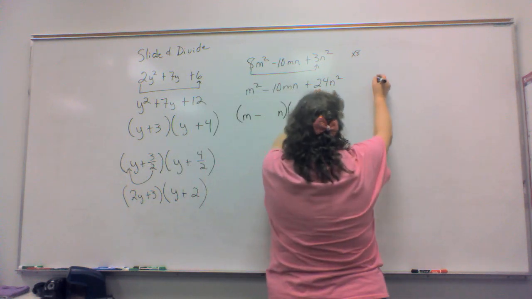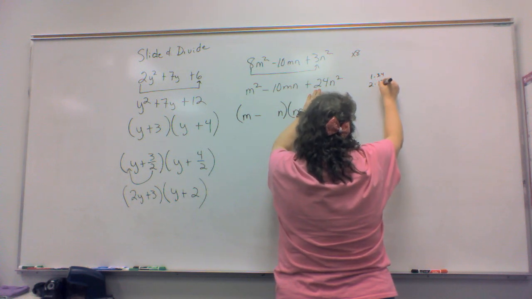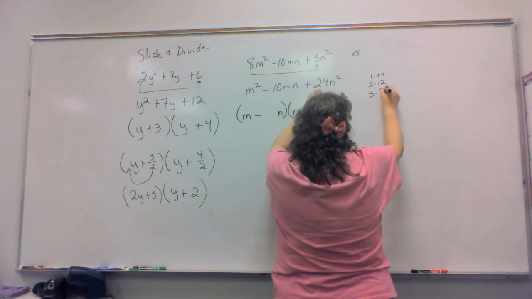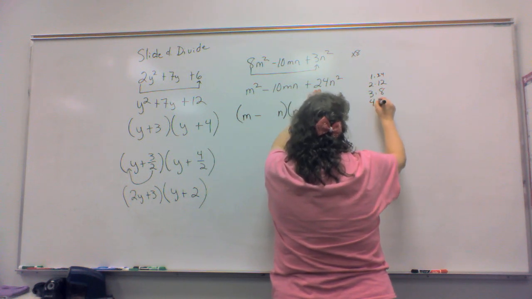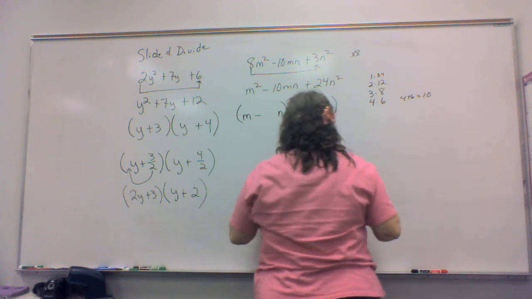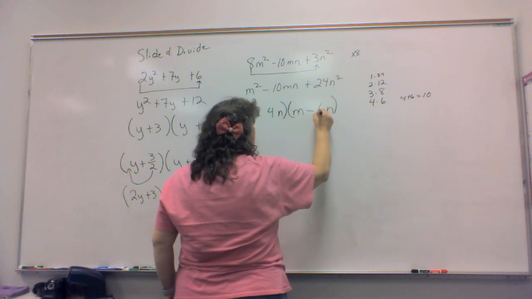Well, you've got 1 times 24, 2 times 12, obviously not 10, and 3 times 8, that's 11, 4 times 6, and 4 plus 6 is 10. So I know it's going to be 4 and 6, 4n and 6n.